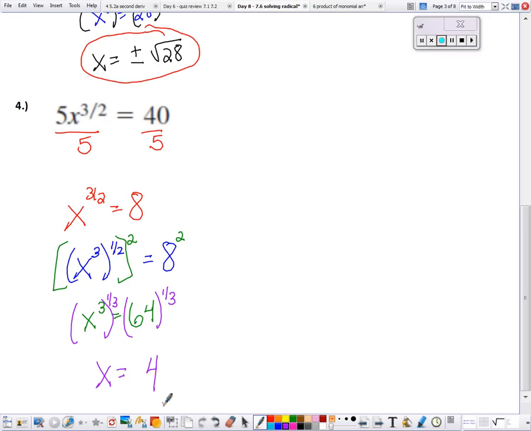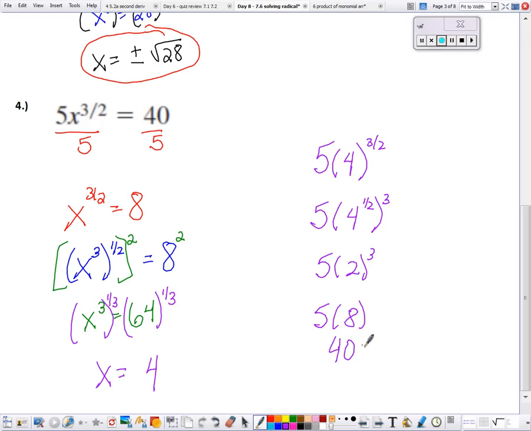I don't need plus or minus because this is an odd rational power. So now we have to check it. So let's see if this equals 40. So 2 cubed is 8. 5 times 8 is 40. That's great. So 4 is our answer.